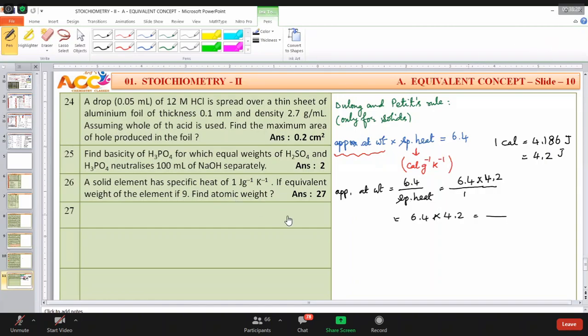I got 26.88. Fine. It is called the approximate value of atomic weight.